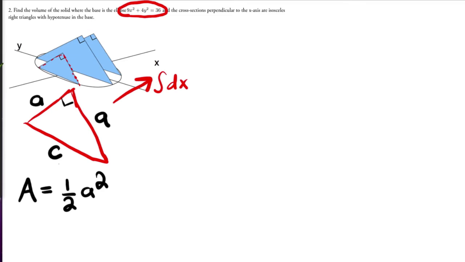Okay, so since we know the equation of the ellipse, we need to find what the length of this side is. So let's do first, the Pythagorean Theorem tells us that a squared plus a squared equals c squared.